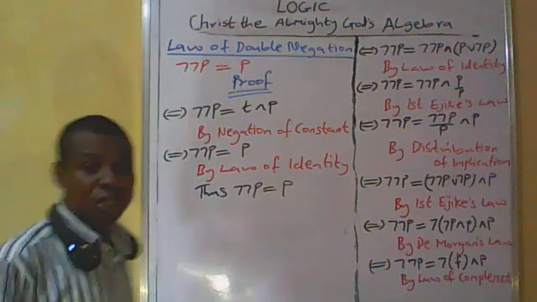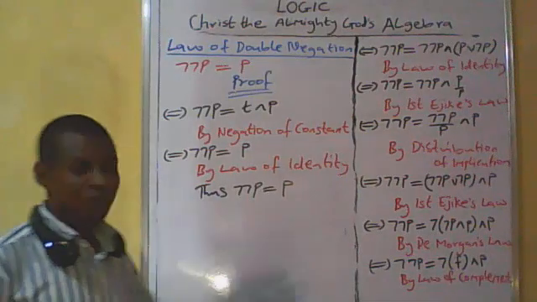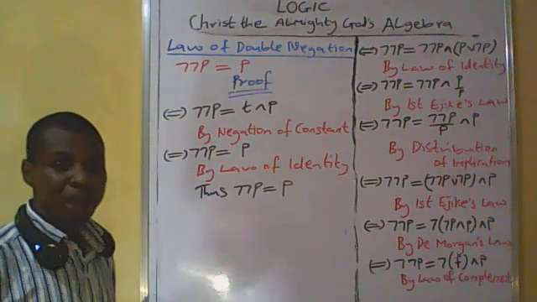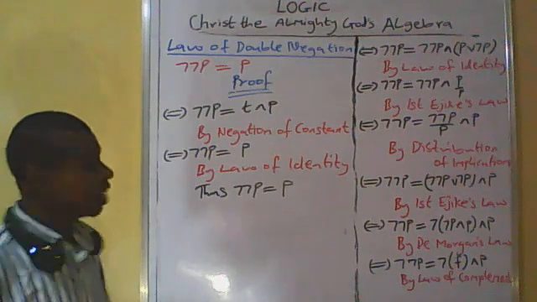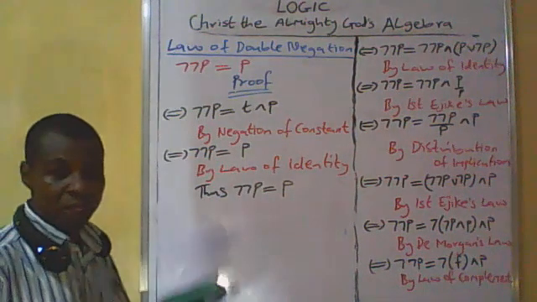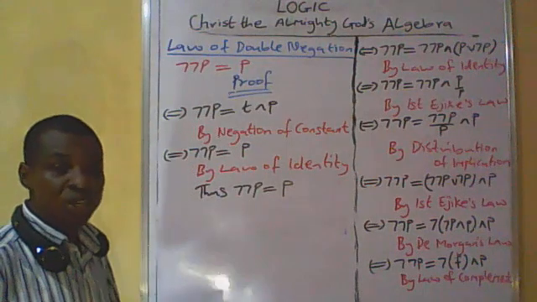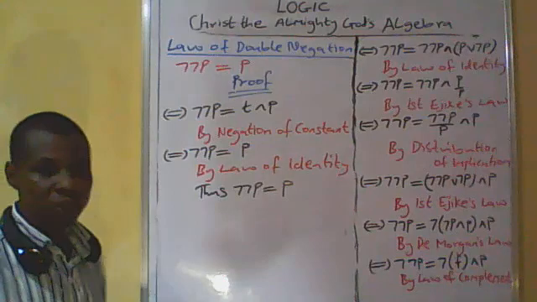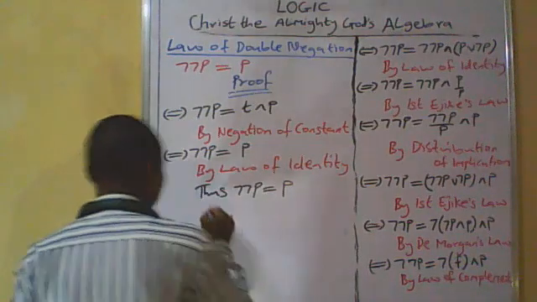We are going to prove the converse. If we prove the converse, by the principle of extremality we then establish that not P is equal to P is the law of double negation. So let us prove the converse.